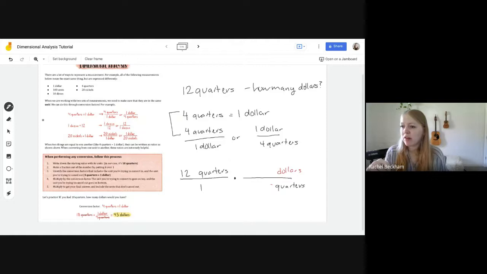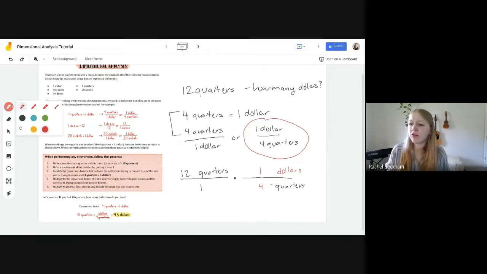So the question is, should I input this one or this one? Well, if you notice, my dollars are on top, right? And my quarters are on bottom. So I'm going to input it this way. Basically, there's $1 for every 4 quarters, simply because that's the way my units are. I'm just going to input it the correct way. If we put 4 on top, it doesn't make sense that there are $4 for every 1 quarter, right? So I'm going to put the 1 on top and the 4 on bottom.